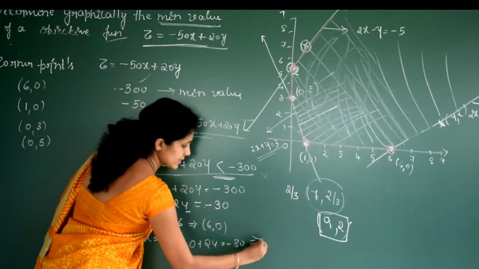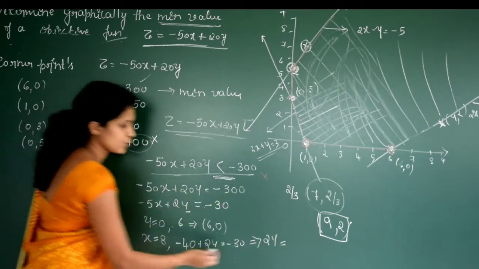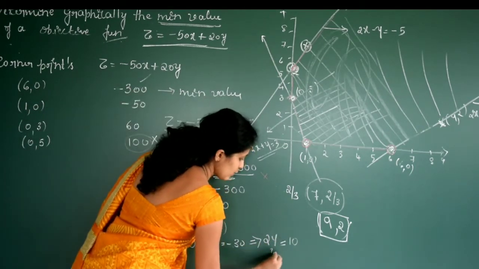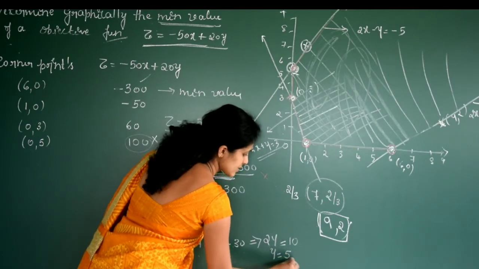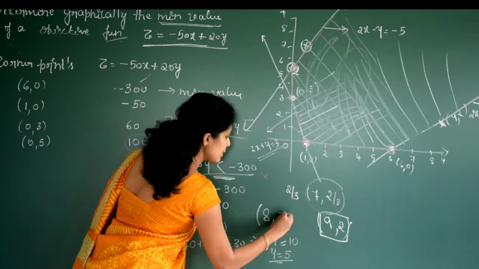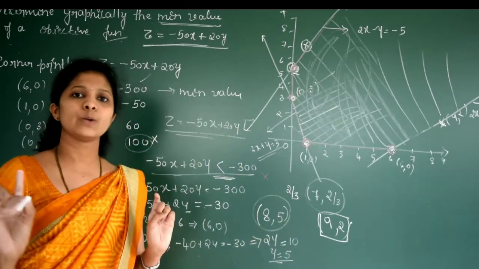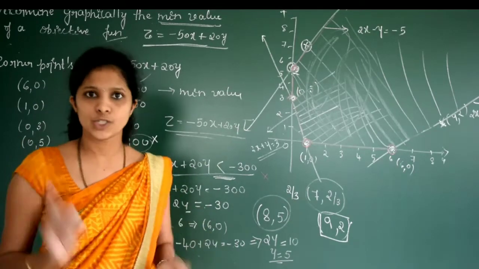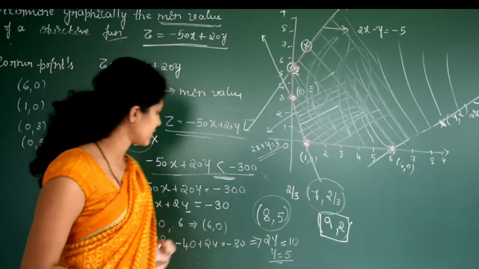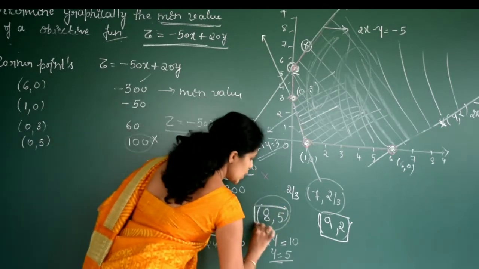So 2y is equal to minus 30 plus 40, which is 10, so the value of y will be 5. You can go with any point, but remember the values of x and y should be positive. So 8, 5 is one point, and another point is 6, 0. These are the 2 points.